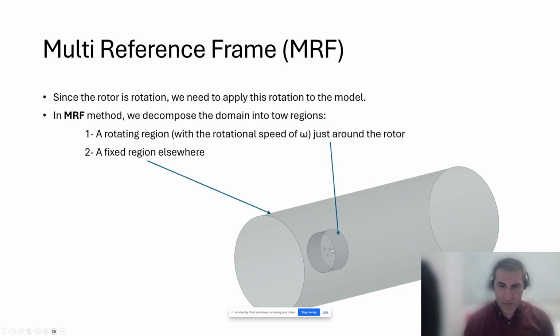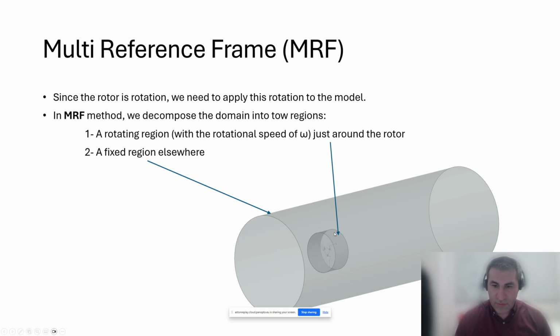We need to basically have a moving mesh because of the moving walls. In order to avoid that, we assume the rotor is fixed and the region around the rotor is going to rotate. That is called rotating frame. So rotating frame means the region is going to rotate.